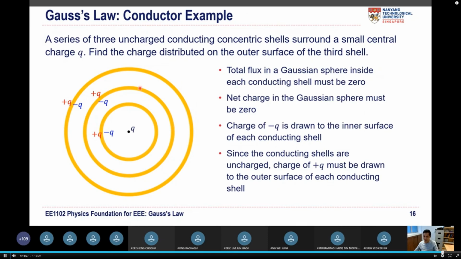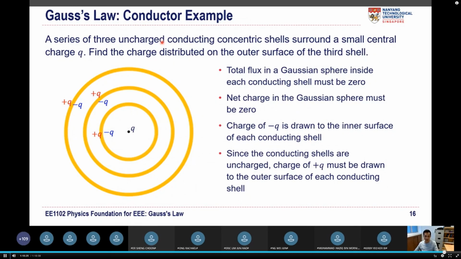The same logic applies on the third shell, and I have plus Q on the outer surface of this concentric spherical shell.